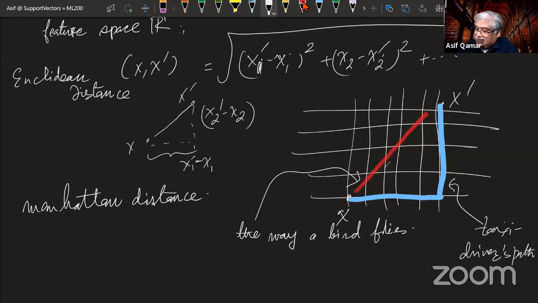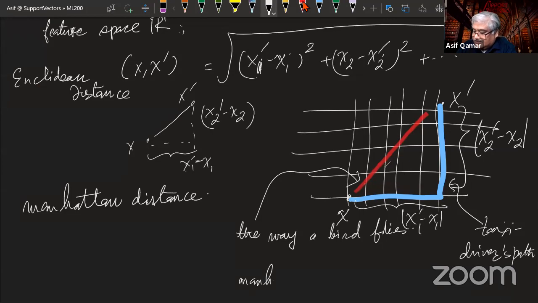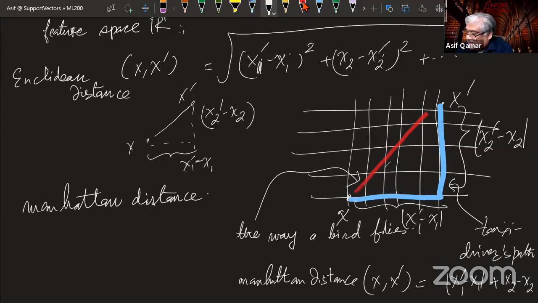If you think about it, it is the absolute value of x1 prime minus x1, the magnitude of it, plus the absolute value of x2 prime minus x2. So the Manhattan distance, or the taxi driver distance, between x and x prime is the absolute value of the first component plus the absolute value of the second component.